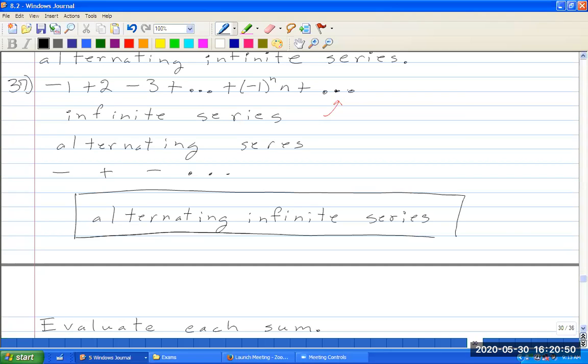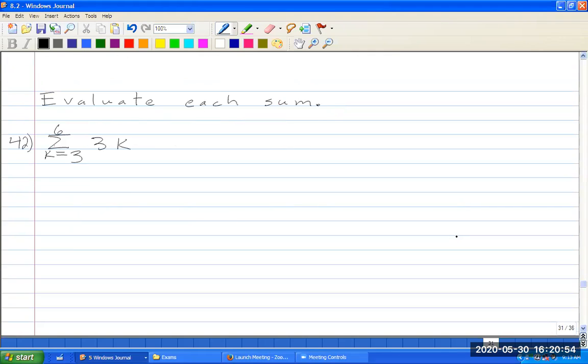Okay, 42. Evaluate each sum. So it's the sum, k equaling 3 to 6, of 3k. So I first replace k by 3, 4, 5, 6.